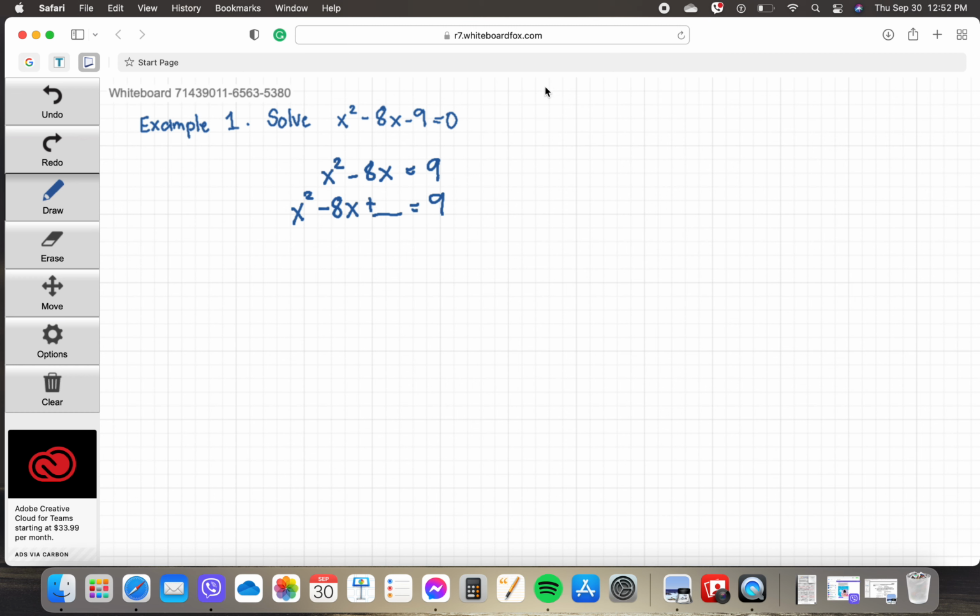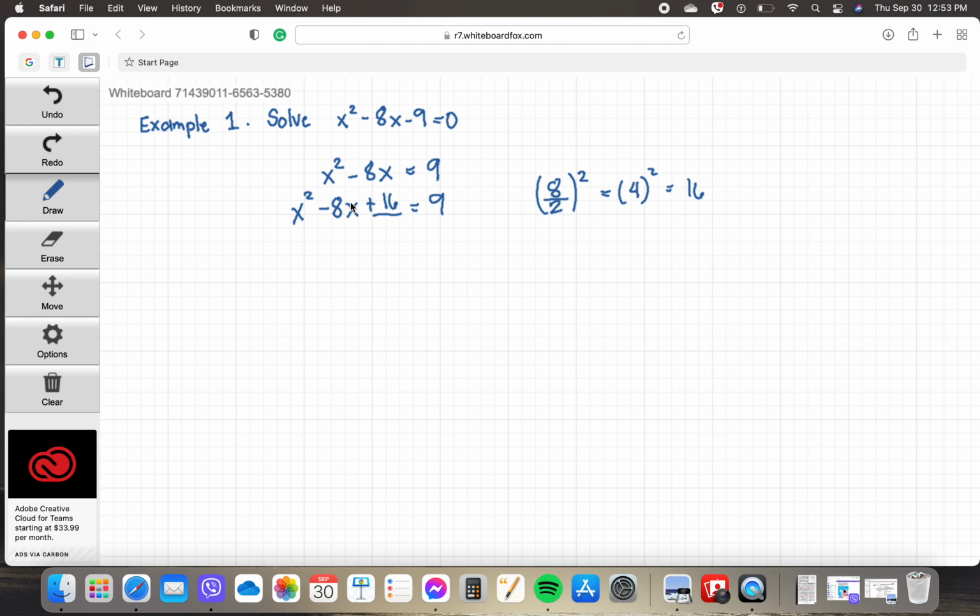So that would be 8, divided by 2, and then get the square of it. So 8 divided by 2 is 4. 4 squared is equal to 16.